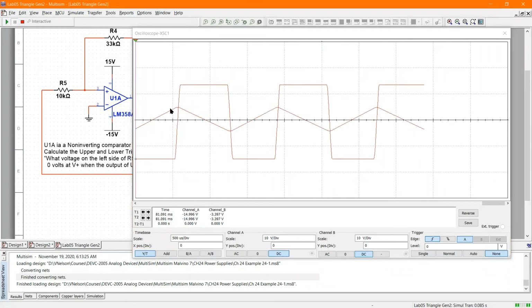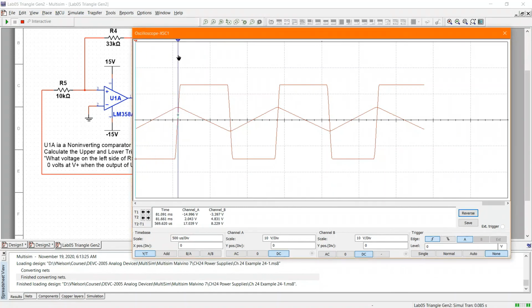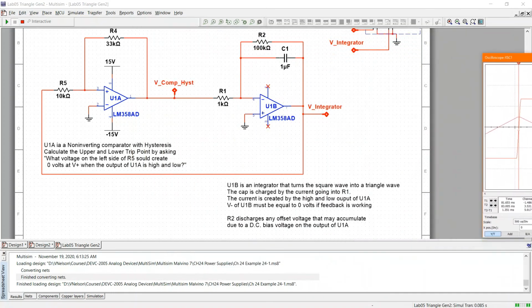So here's the triangle wave coming out of the integrator. I'm lining this one up with this peak, and I line this up with this peak. I come down here and I get 1.35 milliseconds. That compares pretty well with our calculated estimate of 1.2 milliseconds. So it looks like our understanding of this circuit is pretty close.